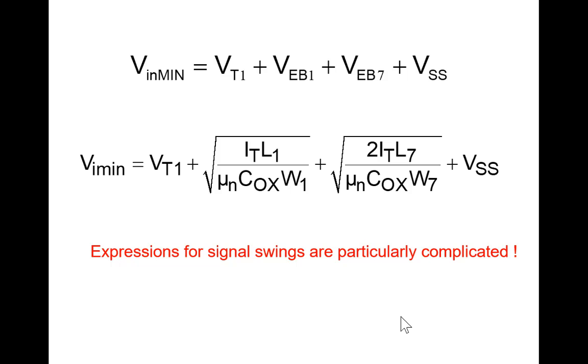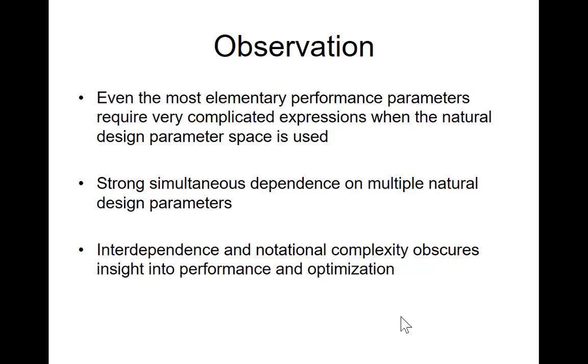So the expressions for the signal swings are particularly complicated. In fact, even the most elementary performance parameters, gain bandwidth product, signal swings, require very complicated expressions when we use the natural parameter domain. There's strong simultaneous dependence on multiple natural design parameters.